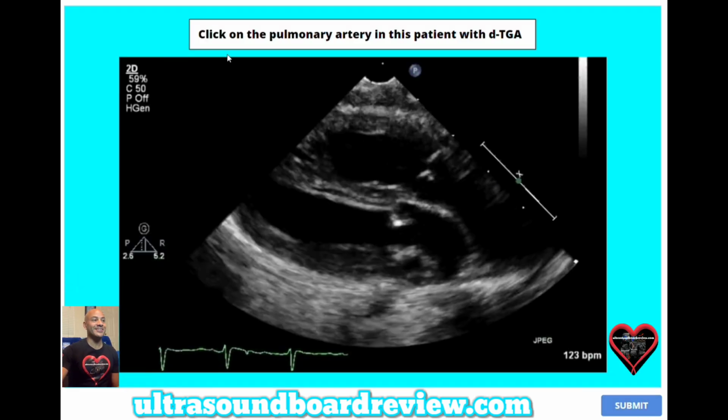Question 114. Click on the pulmonary artery in this patient with detransposition of the great arteries.